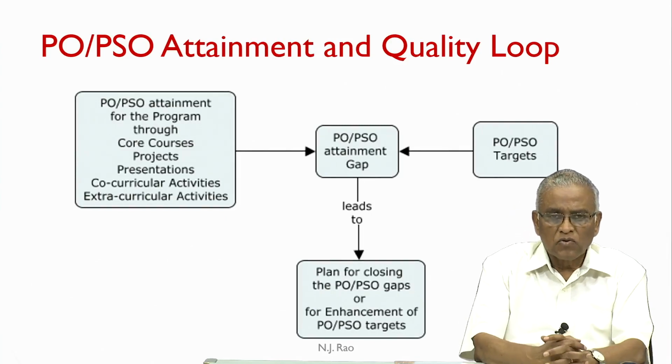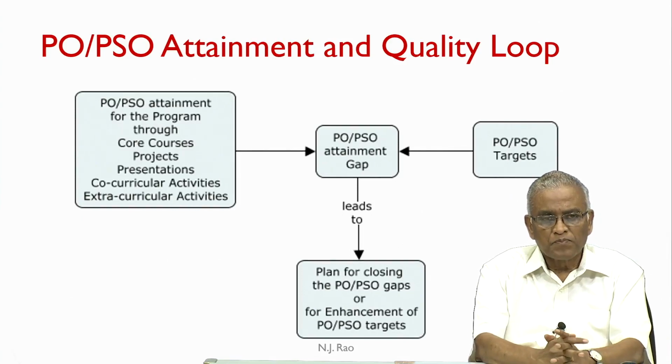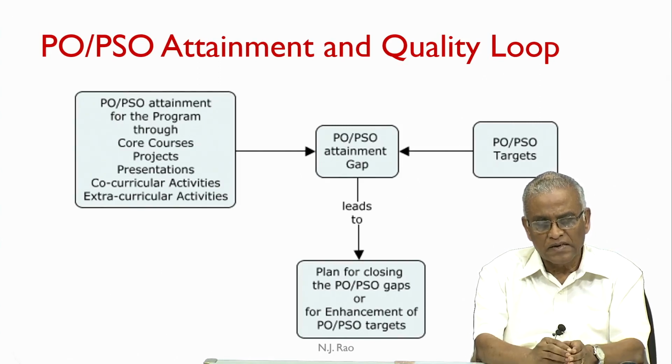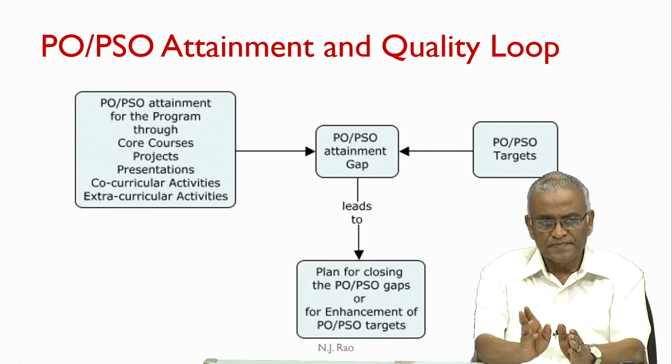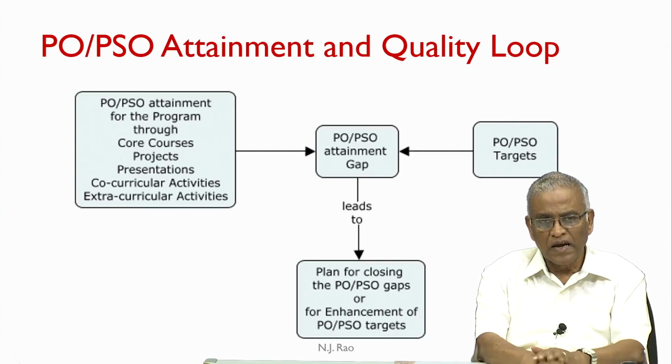Here also the quality loop is drawn slightly differently. The PO PSO attainment for the program through core courses, projects, presentations, co-curricular activities and extracurricular activities is compared with PO PSO targets, and then you compute the PO PSO attainment gap, which should lead to a plan for closing the PO PSO gap or for enhancement of the PO PSO targets.